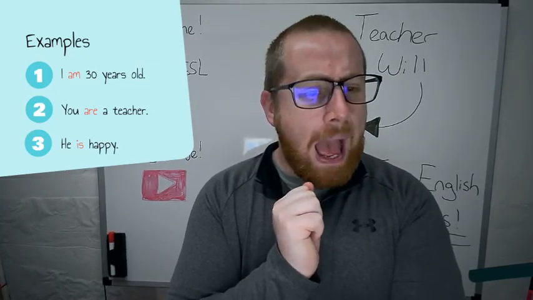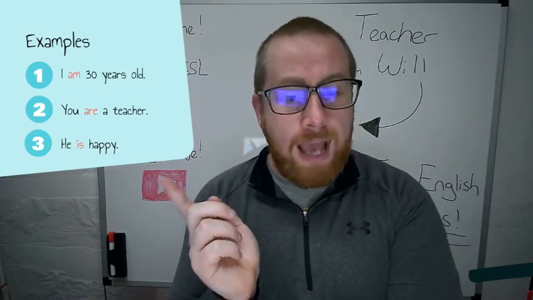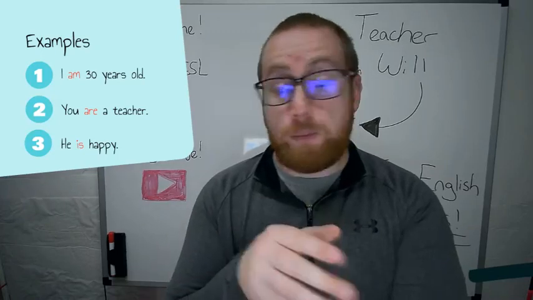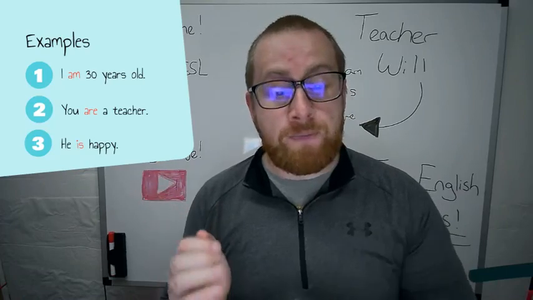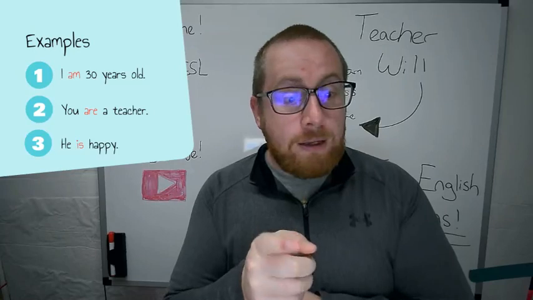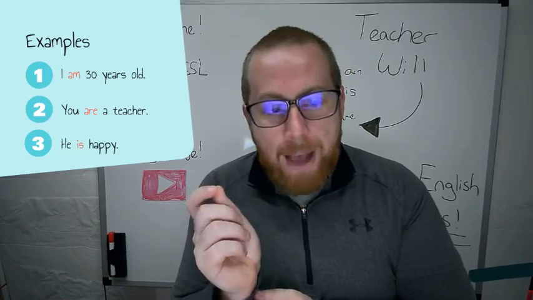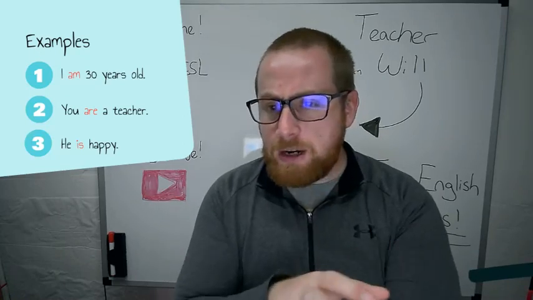It isn't you am a teacher. You are a teacher. The form has changed. You is the pronoun, different pronoun. To be has changed. He is happy. Is, instead of are, instead of am, it is. So this changes every time.